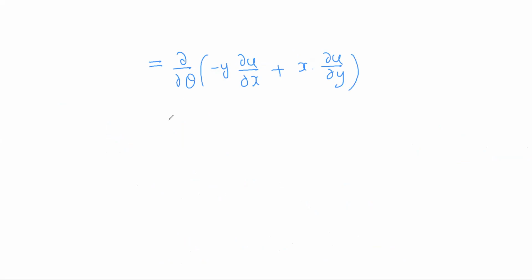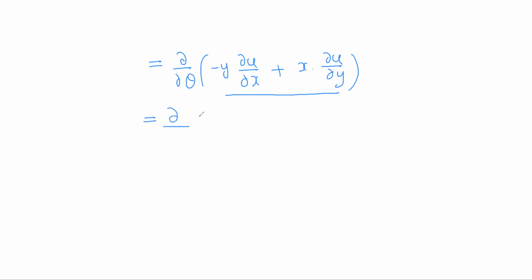Now apply ∂/∂θ once again. What that means is the function inside the brackets has to be differentiated with respect to θ partially. But the function in the brackets is in terms of x and y, and x and y are in terms of r and θ. So again, apply the chain rule.